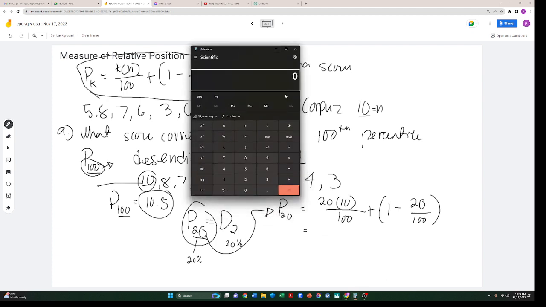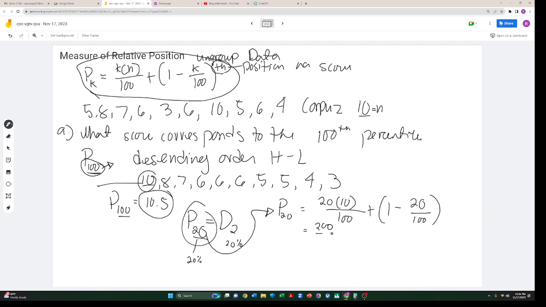So we use a calculator. 20 times 10 is 200, right? 200 divided by 100 plus, for the 1, you can represent it as, so it is easy to compute, you can transform it into 100 divided by 100, because 100 divided by 100 is 1.